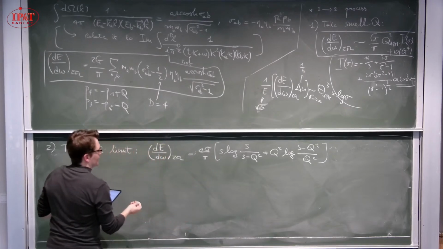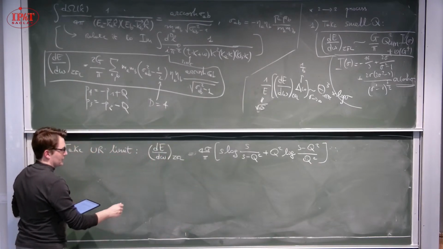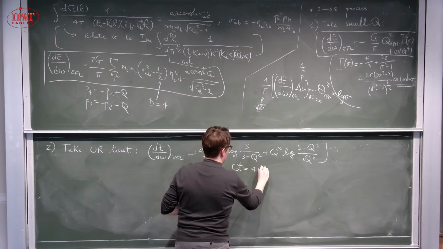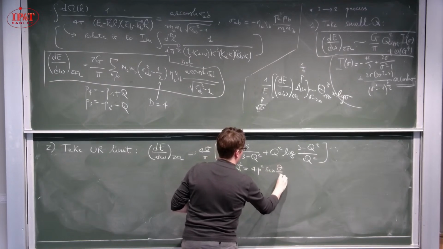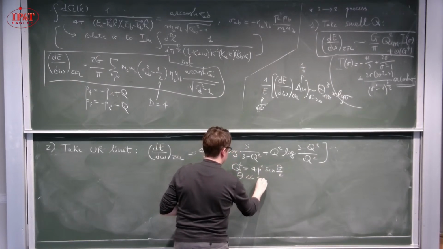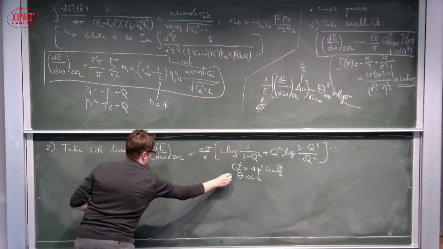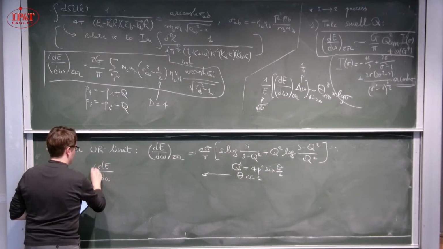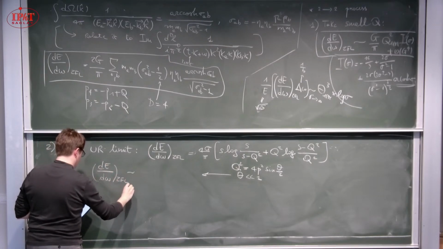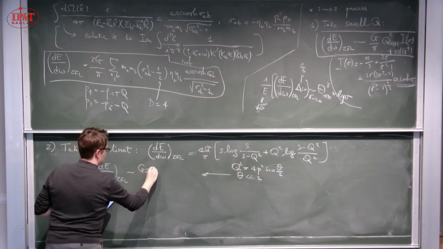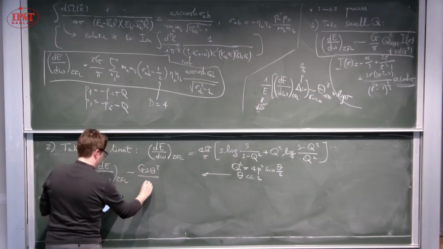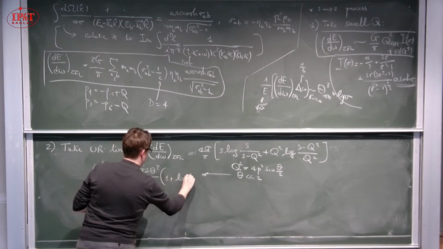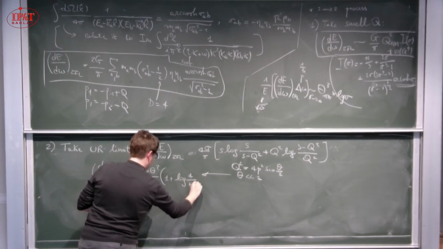And then only later consider the small deflection limit, which means, you remember, Q squared is equal to 4p squared sine squared of theta over 2, and then you consider theta small. Then you get G S theta squared divided by pi, times 1 plus log of 4 divided by theta squared.